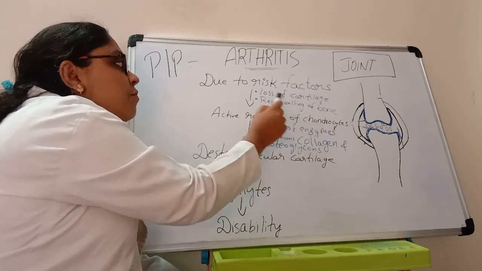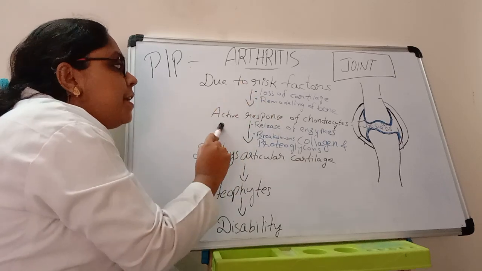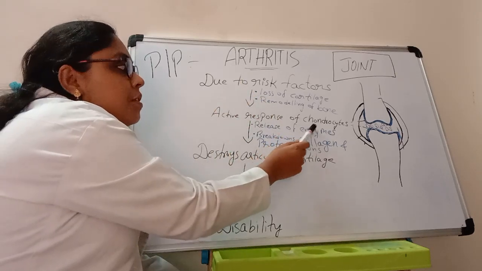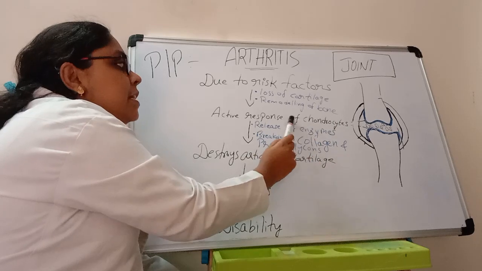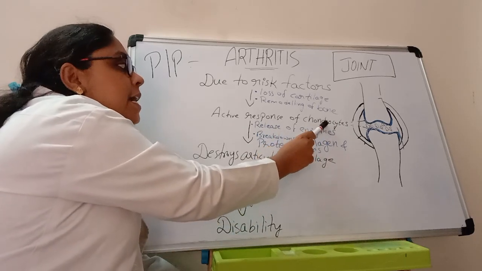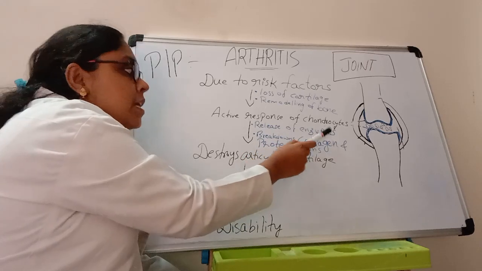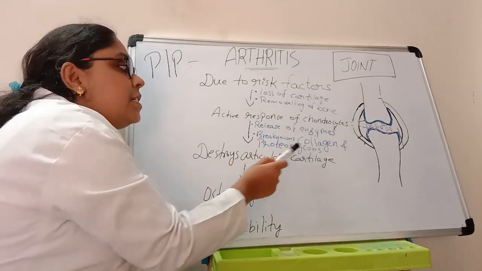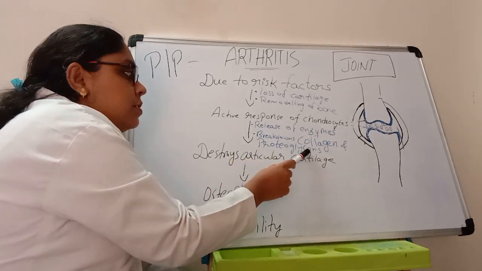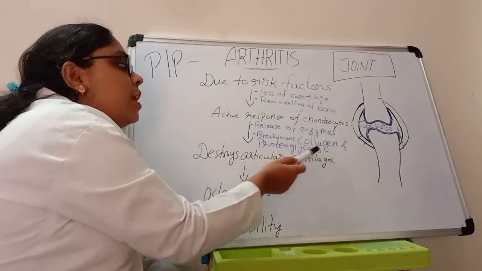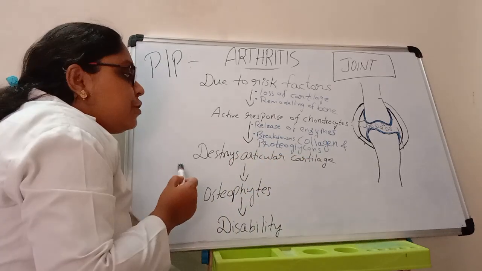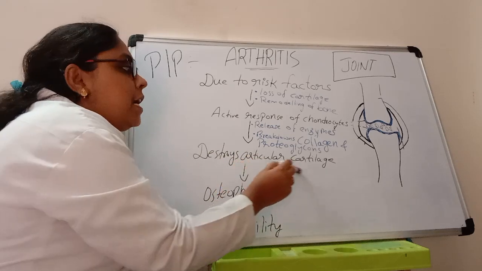When there is remodeling of bone, it leads to an active response of chondrocytes. Then it releases enzymes, which break down the collagen and proteoglycans, leading to destruction of articular cartilage.